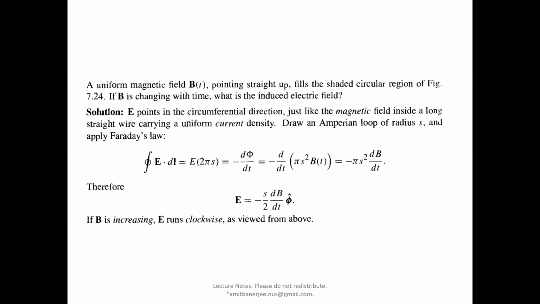Now, take a uniform magnetic field, so this is an example, pointing straight up in the shaded area. If B is changing with time, what is the induced electric field? We can just get it from the simple Faraday's law equation, and you can actually use Ampere's law and calculate the electric field in that.